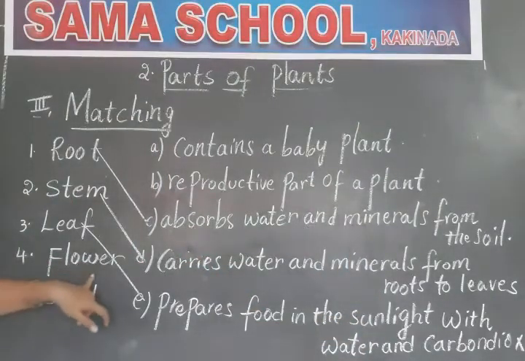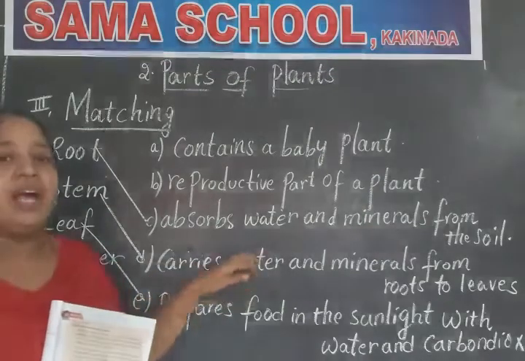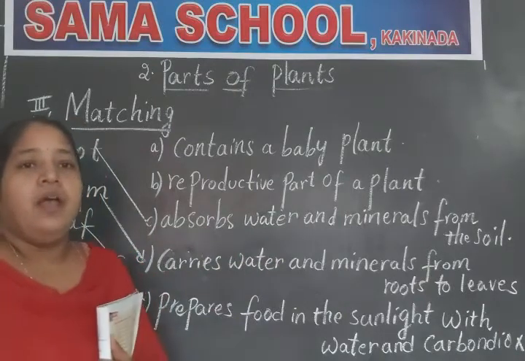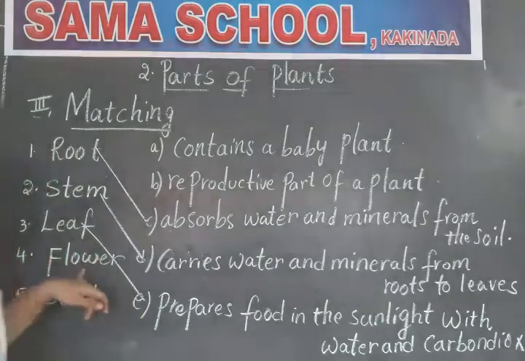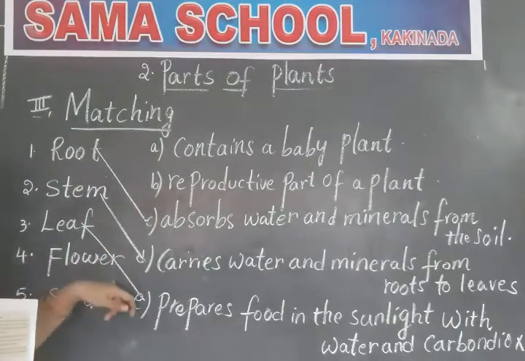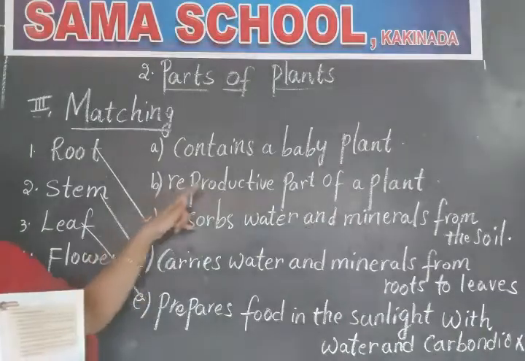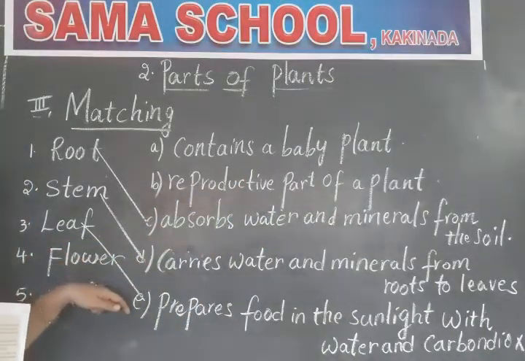Okay, next one, flower. Already you have learned that flower is the reproductive part. What is reproduction? Tell me. The process of giving young ones. Okay, the flower changes into fruit, and that fruit contains seeds, and those seeds are helpful in getting a baby plant.